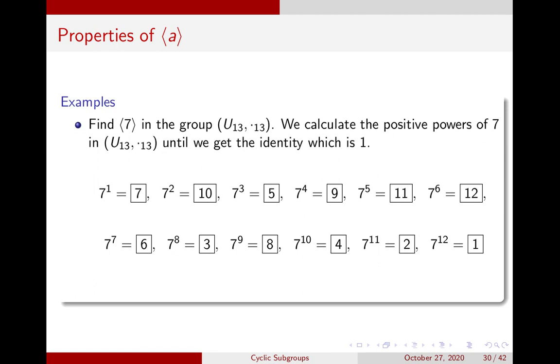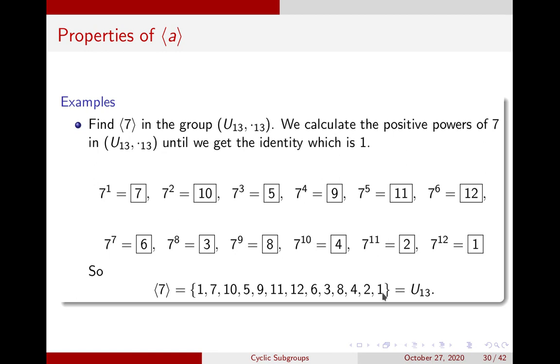So what is the cyclic subgroup generated by 7? It consists of the identity and the first 11 positive powers of 7. So what I've done to get the subgroup generated by 7 is simply copied the numbers in the boxes here between this set of braces.